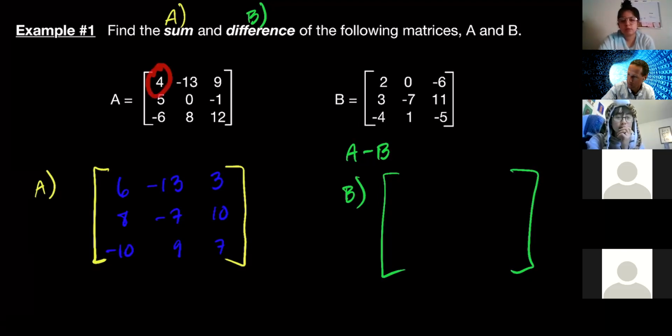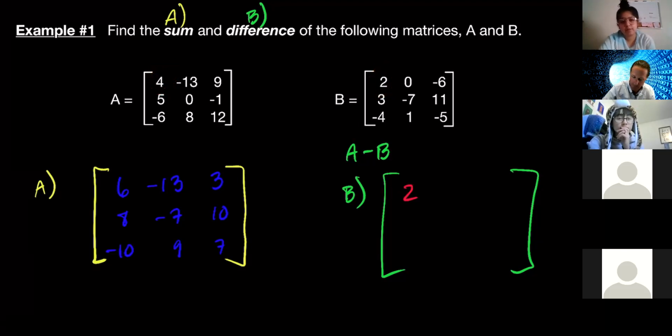Same thing, but order does matter with subtracting, right? Not like adding. If I took 4 plus 2 or 2 plus 4, we still would have had this. But 4 minus 2 is what we're going to get for this first one. But 2 minus 4 would be a -2, different. Okay, so be careful with the order.